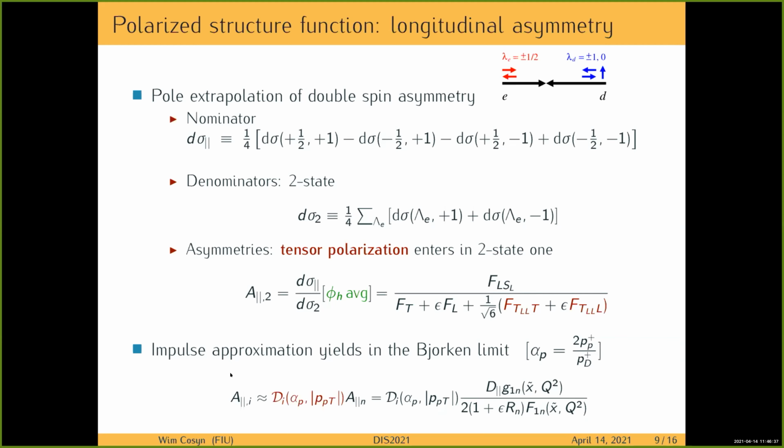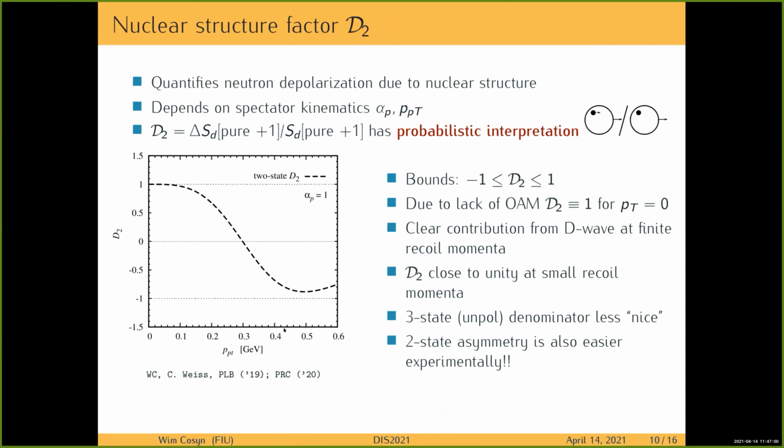So we calculate these structure functions in the impulse approximation. If you look at the asymmetry, you have a very nice factorization between a nuclear depolarization factor, which you call D, and then it's just the asymmetry on your effective neutron target. Right? And this encodes all the depolarization effects from your nuclear wave function. So that's what I'm focusing on in this slide.